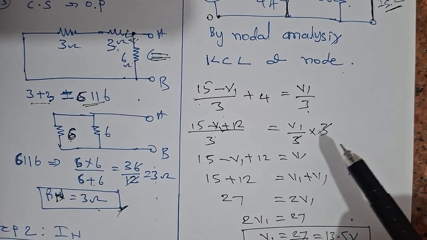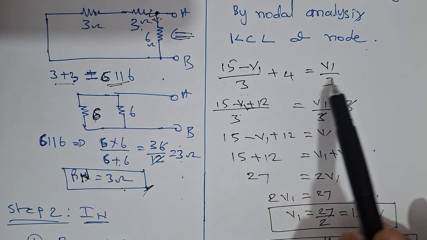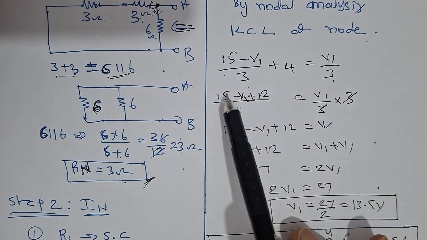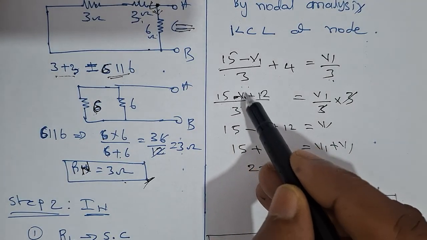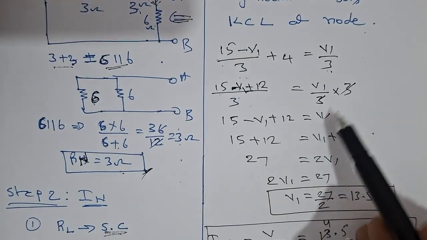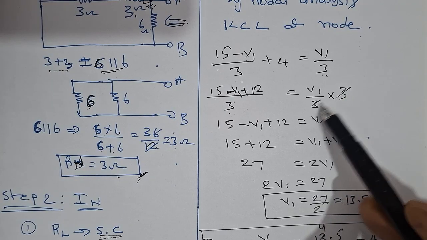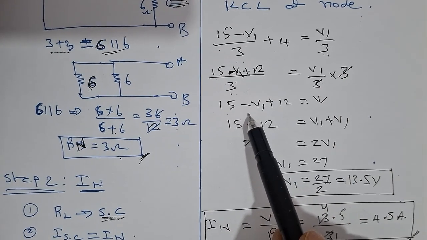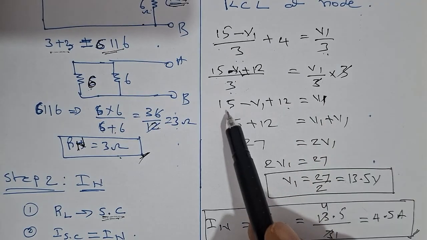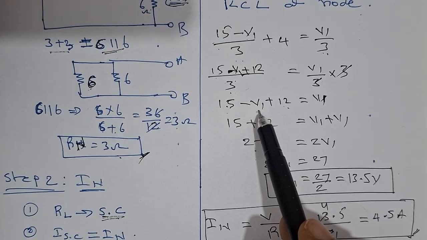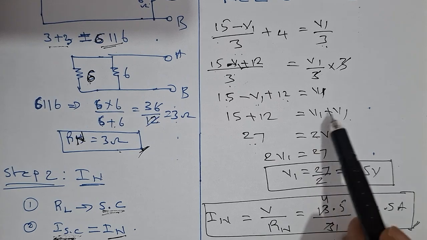Now if we simplify this equation: (15 minus V1)/3 plus 4 is equal to V1/3. Simplifying the fraction, (15 minus V1 plus 12)/3 is equal to V1/3. The 3 cancels on both sides, so 15 minus V1 plus 12 is equal to V1. 15 plus 12 is 27, and moving minus V1 across it becomes plus, so 27 is equal to 2V1.